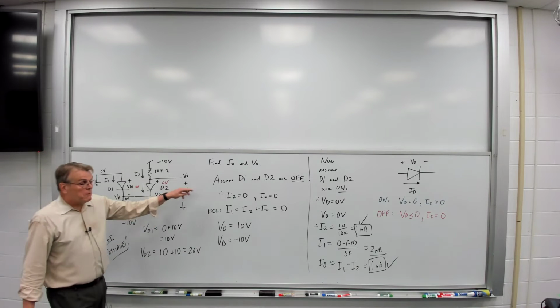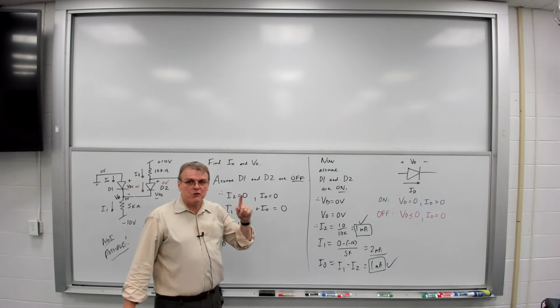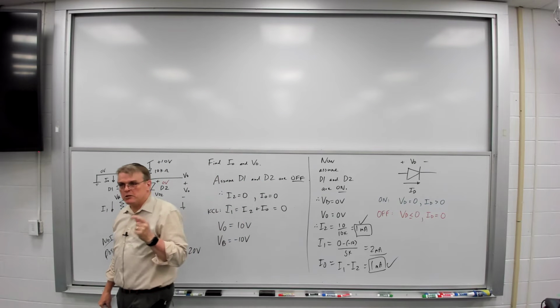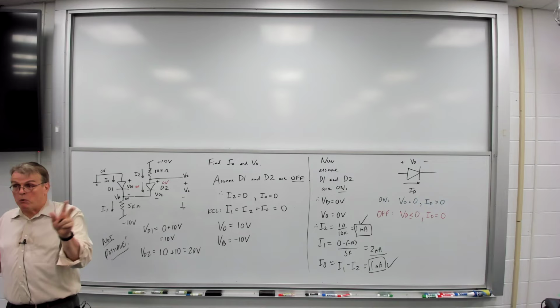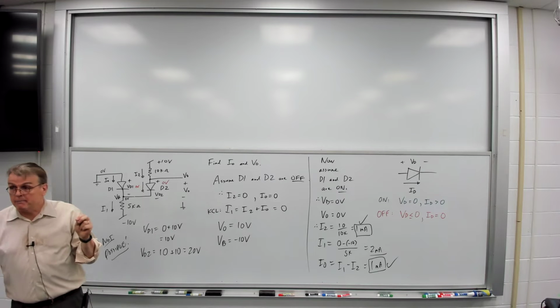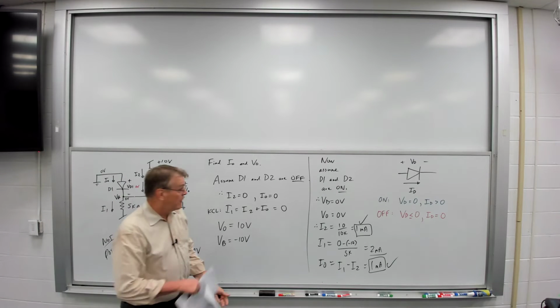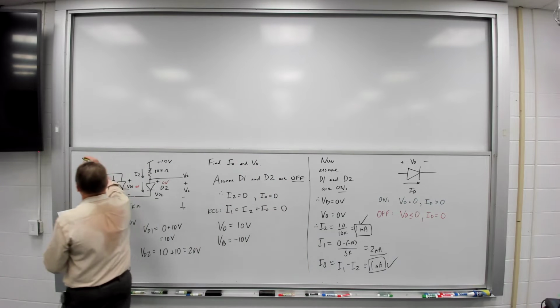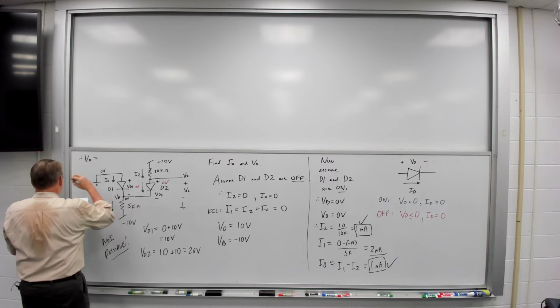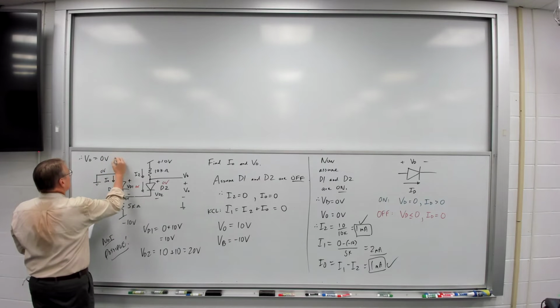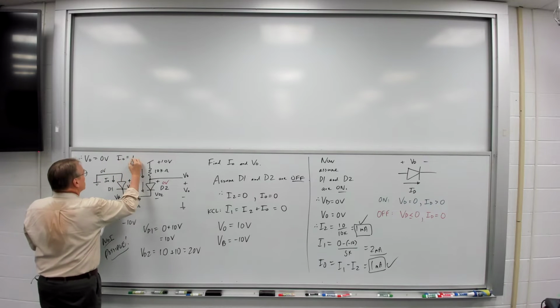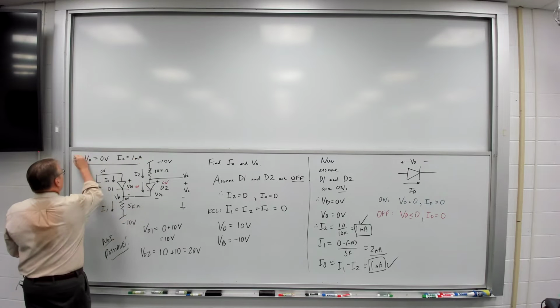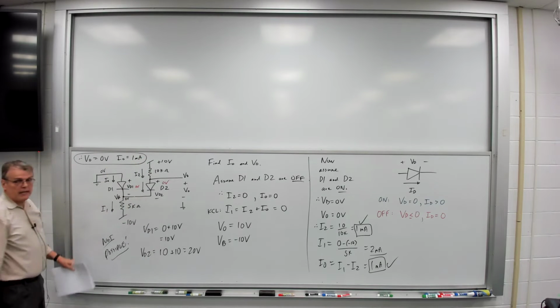So once you come across a correct assumption and check it, and you don't violate the boundary conditions, then you stop. So my answer is that V0 is equal to 0 volts and I0 is equal to 1 milliamp. And that's the answer to my problem.